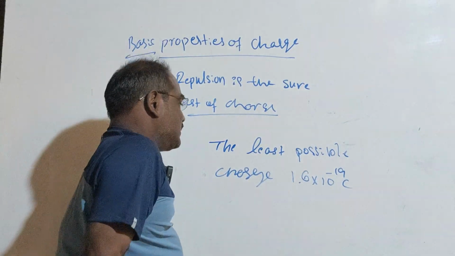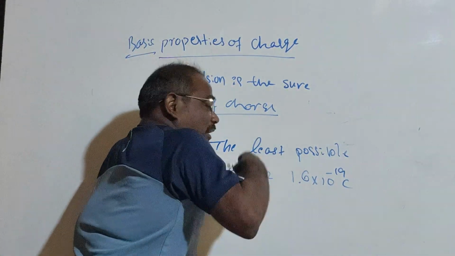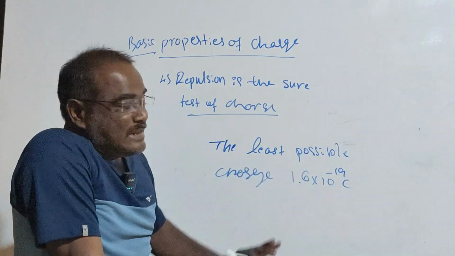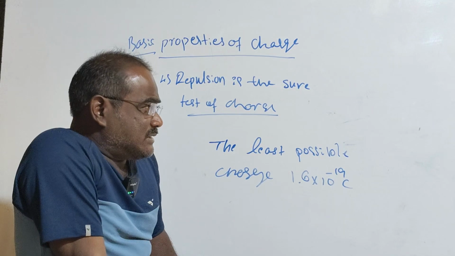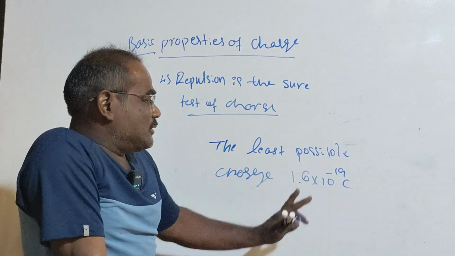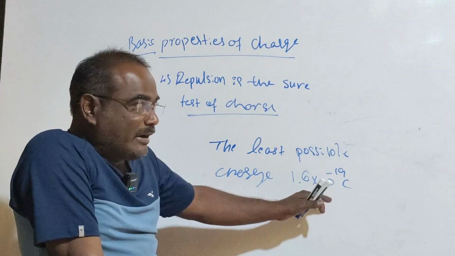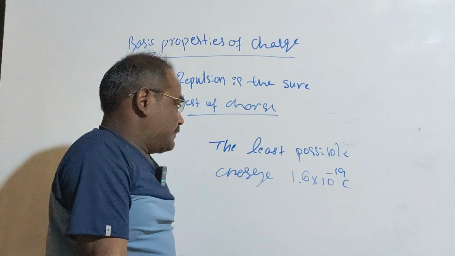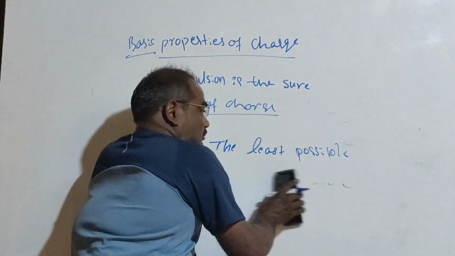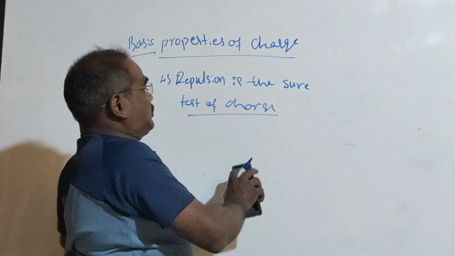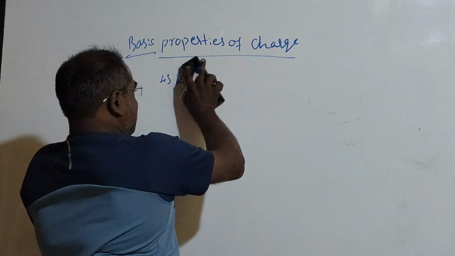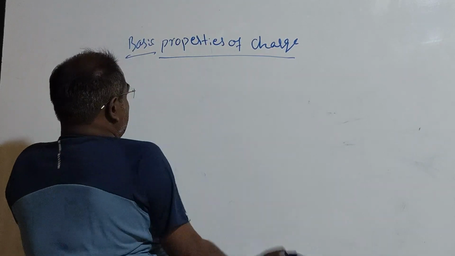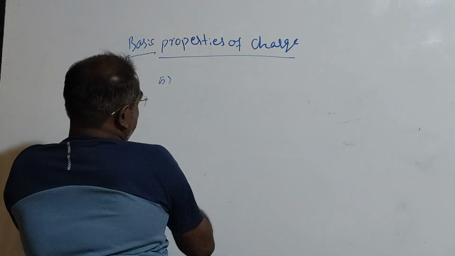You never get less than this. The least possible charge in the universe is 1.6 into 10 power minus 19. You get larger than this, but never less than this. So repulsion is the sure test of charges.